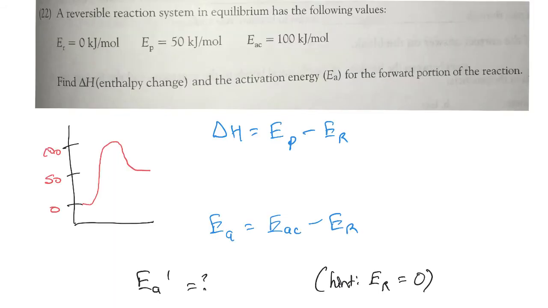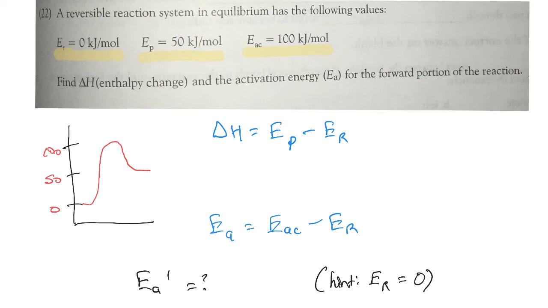All right, so now let's help you figure out how to set up this problem, all right? A reversible reaction system in equilibrium has the following values. So we have the ER value, we have the EP value, and we have the peak of our graph.